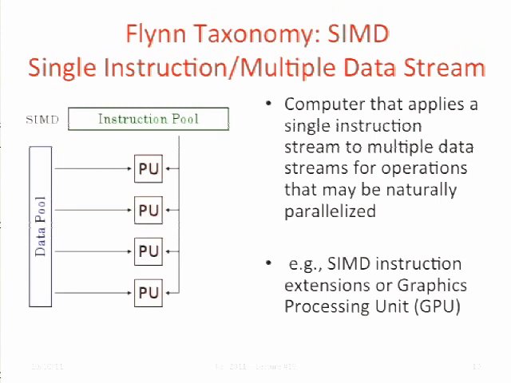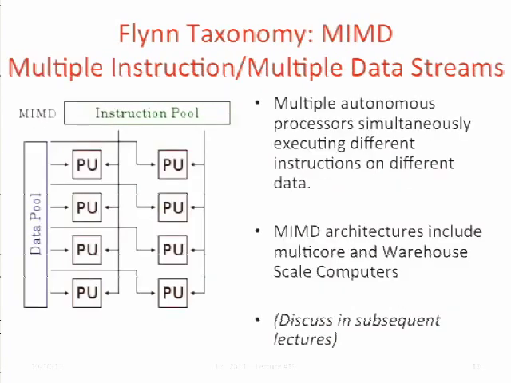So that's SIMD, and then MIMD, as I said, is the most flexible. There we have multiple processing units. We can have these processing units doing this instruction, and at the same time, we can have these processing units doing this other instruction. Then we're bringing different data items into each of these processing units.